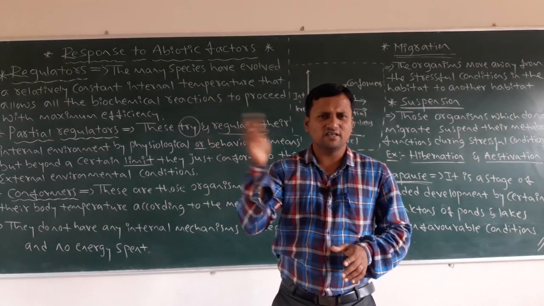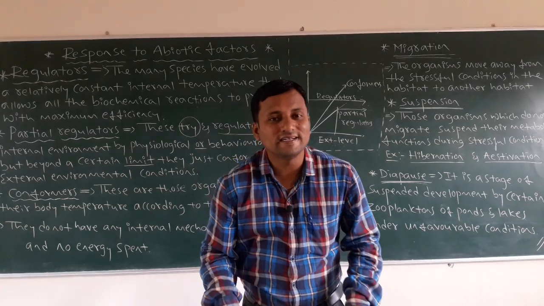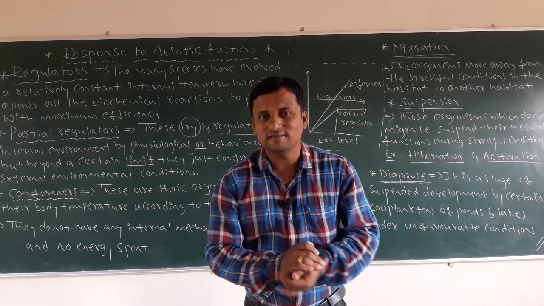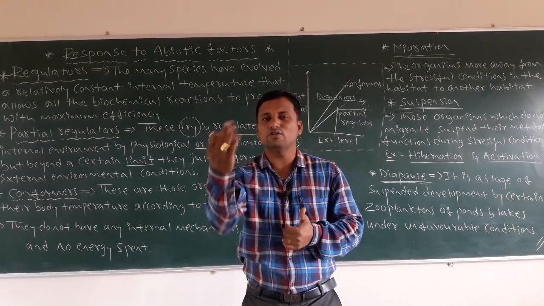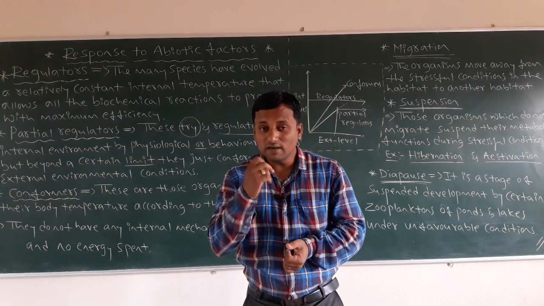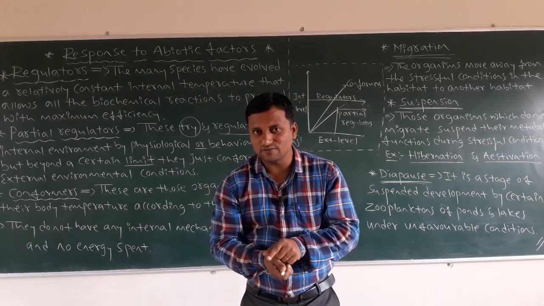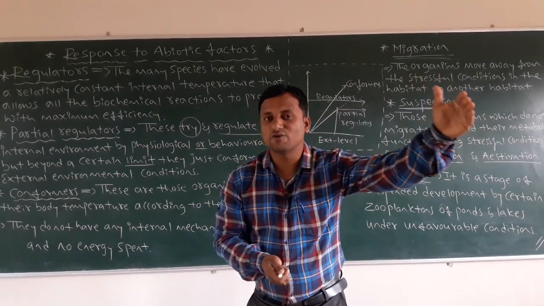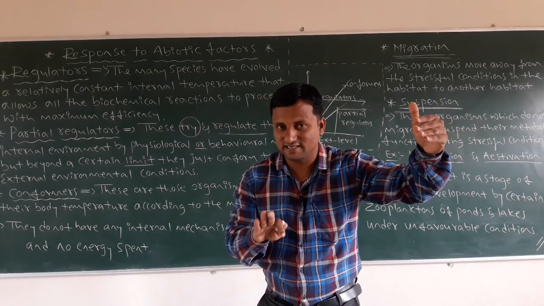If the external environment becomes more cold, what happens to our internal body temperature? If it continuously goes cold, it will be a critical condition. Our body must regulate against the external temperature. So when it is cold outside, our internal body temperature becomes hot.